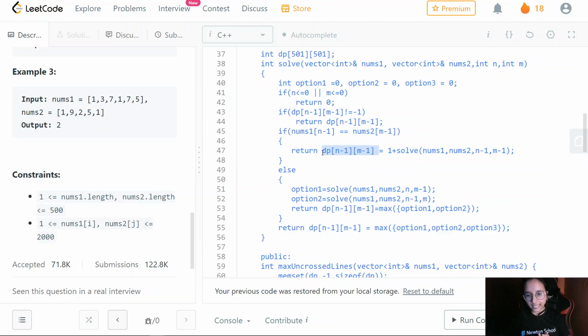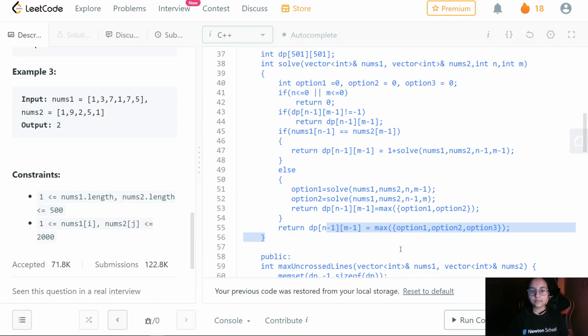Else we will be checking for our options, and then we will be getting the maximum out of option 1 and option 2 and assigning it to DP of n-1, m-1. And at the end, we will be returning DP of n-1, m-1, which equals the maximum of option 1, option 2 and option 3. So this is the thing which we would be doing here.